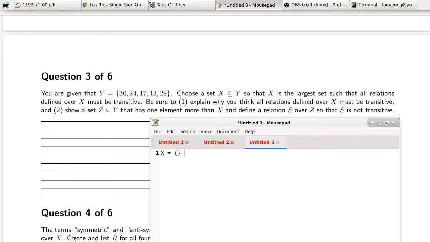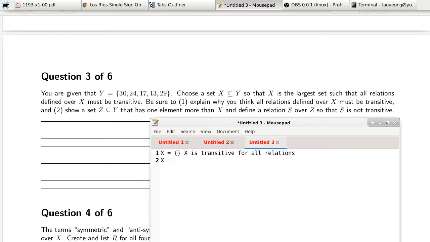Now the question is, is the empty set transitive? The answer is yes. But is this the largest subset of Y that you can choose, for all relations? It doesn't matter how you define the relations, X is going to be transitive.